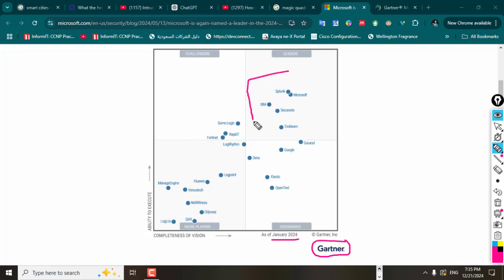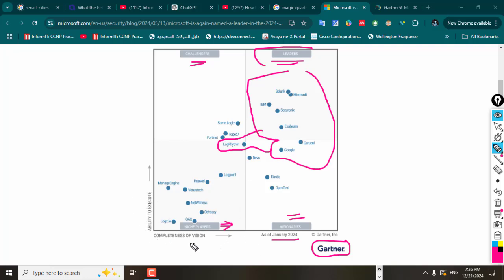I have many vendors here. We have four quadrants: Leaders, which is the best, Visionaries, Challengers, and Niche Players. Let's understand what that means.